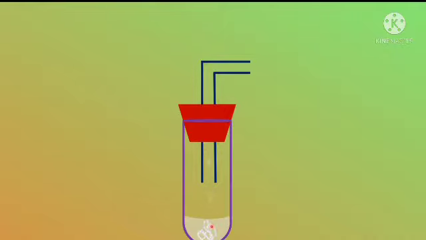Sodium chloride NaCl plus H2SO4 gives HCl gas evolved plus Na2SO4, sodium sulfate. Sodium chloride plus sulfuric acid gives sodium sulfate plus evolved hydrogen chloride gas.